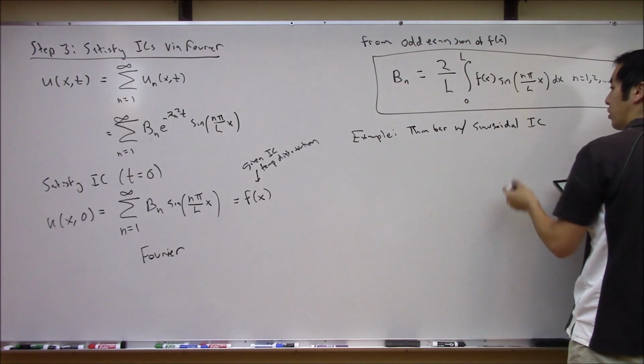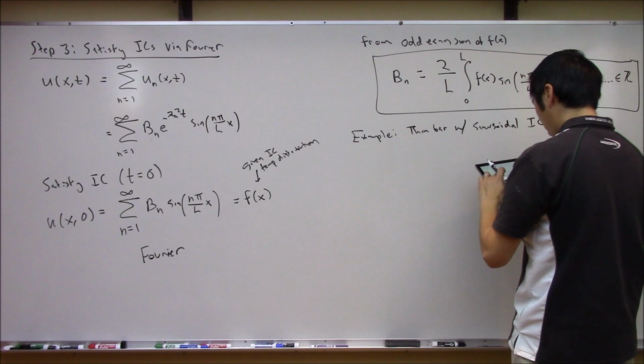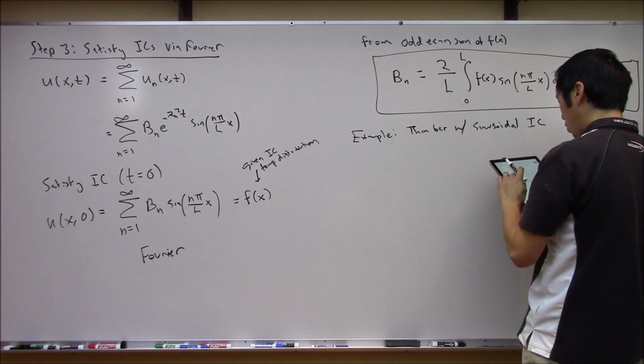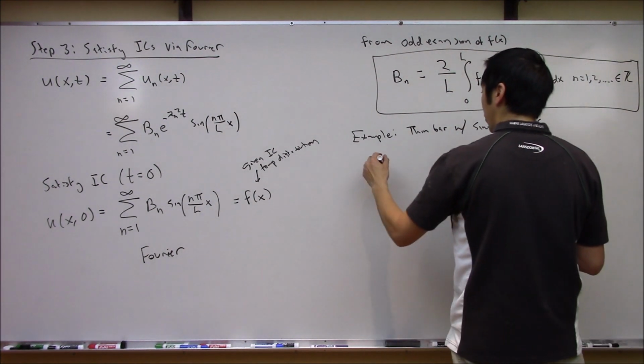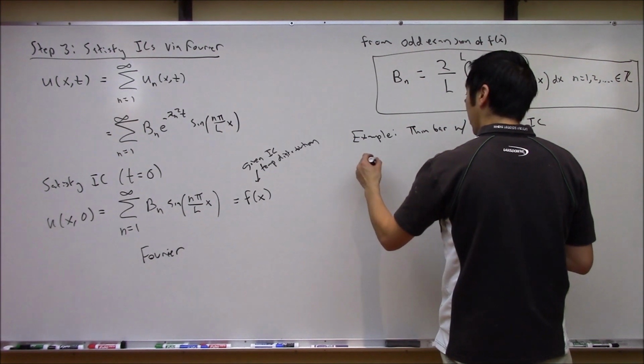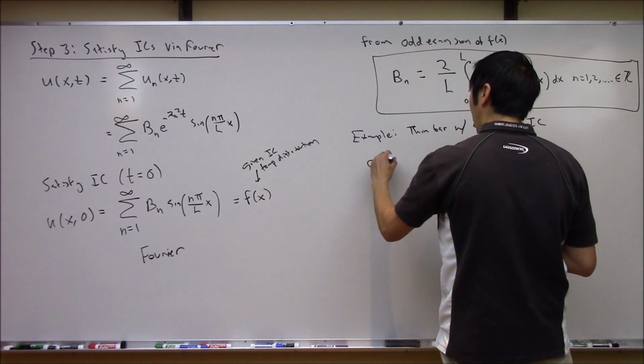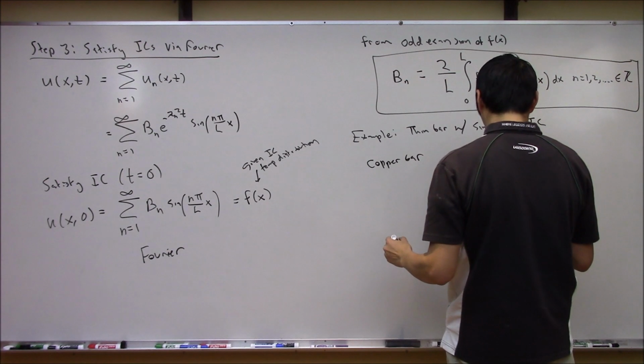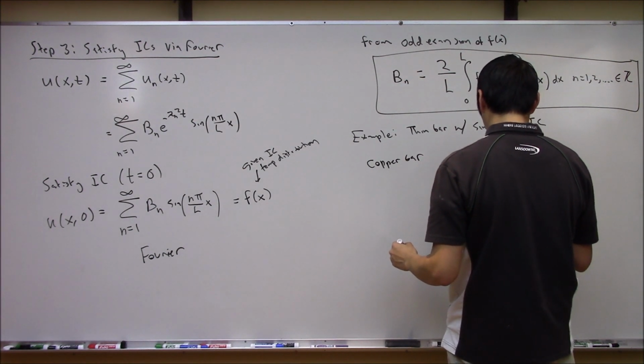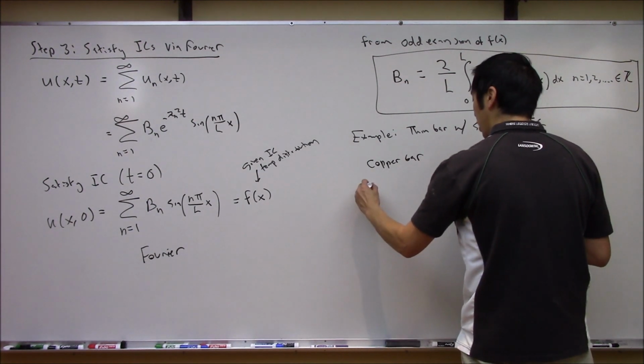Let's think about this thin bar with, how about a sinusoidal initial condition here? What I mean by that is, let's just choose some constants for this problem. Let's choose a copper bar. Again, we'll use the same boundary conditions that we've set up.